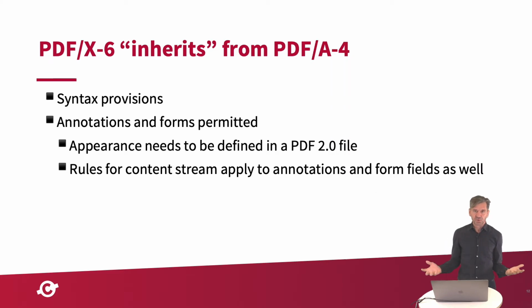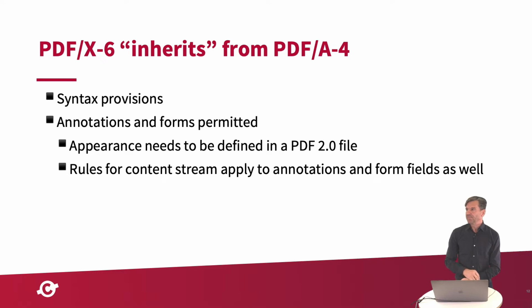But these are just the rules that are defined in PDF 2.0, so this is not specific to the implementation of pdfToolbox. And then I told you that PDF X-6 is much more closely related to PDF A-4 than PDF X-4 was to PDF A-2.